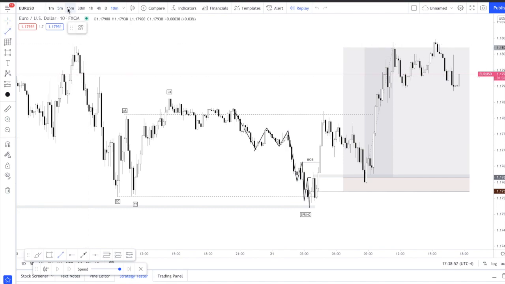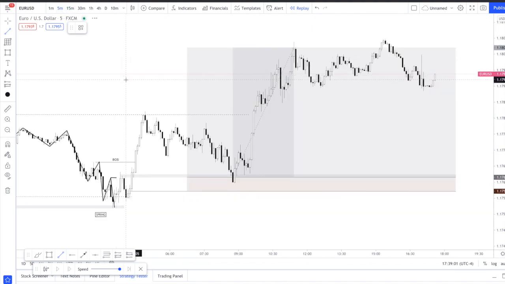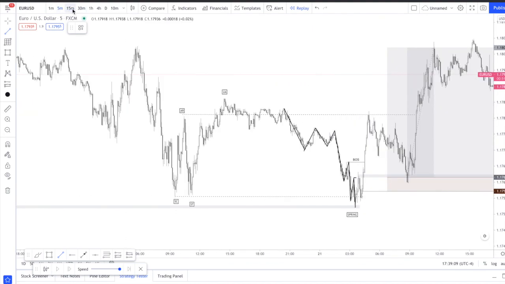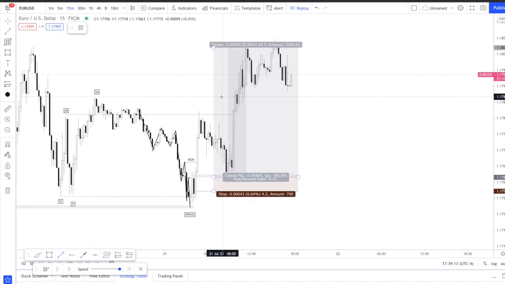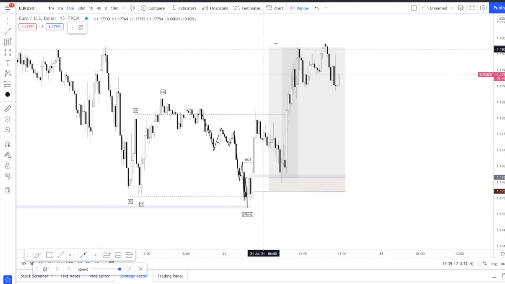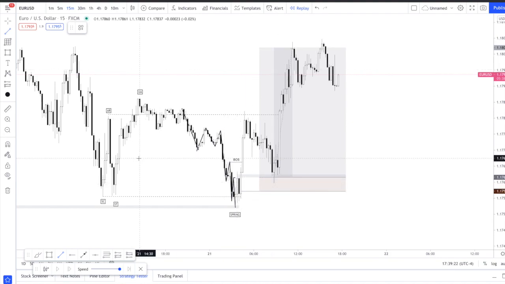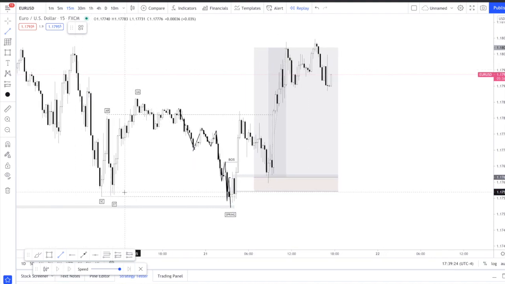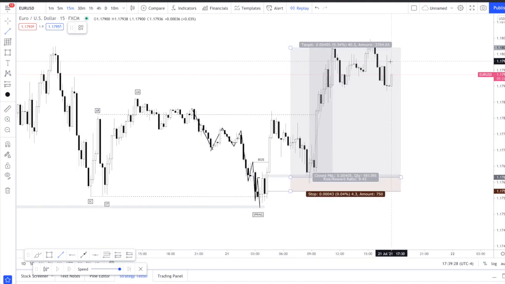My alert for partials was around here, I believe. So I did take partials. I only take partials while still within my risk to reward. So my partials are still at an 8.5, right? I'm not partialing at a 1 to 5, or it's still not a 1 to 10. So at the time of filming this video, I'm still in here with the partial.